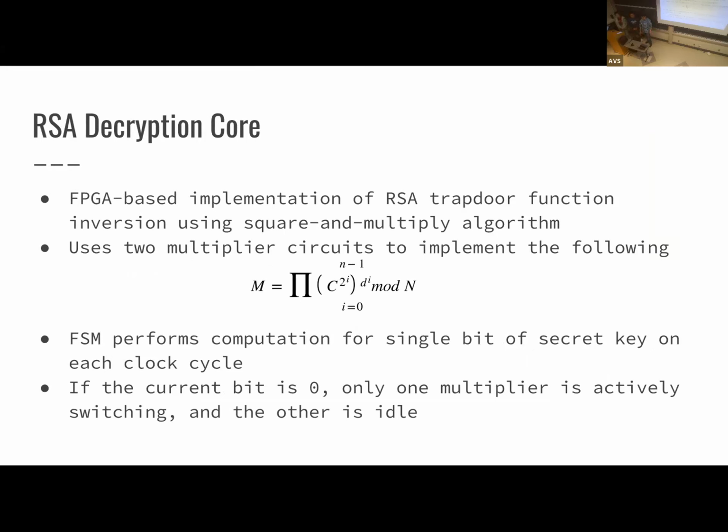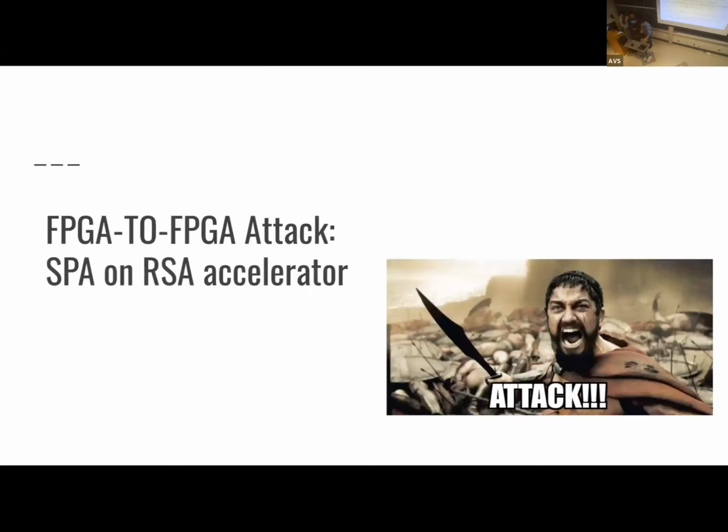This was implemented by two multipliers, which is a bunch of chained together adder circuits. They have a state machine that performs a computation for each bit of the key in a single clock cycle. If the current bit is 0, then only one multiplier is active at a time. If the current bit of the key is 1, then they're both actively switching. So they can measure that relative change in power.